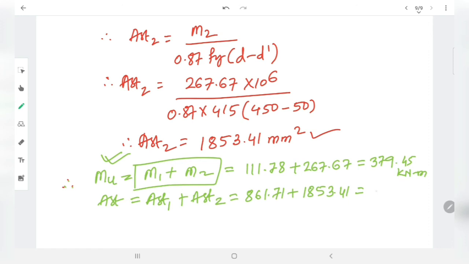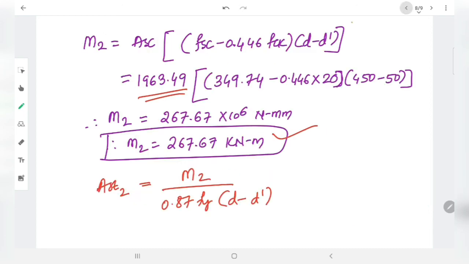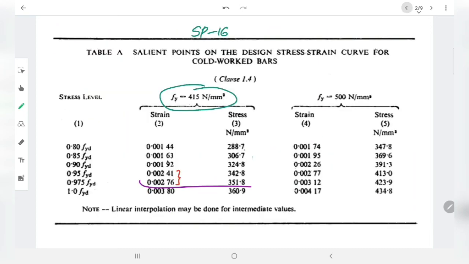Next, AST1 plus AST2 is equal to 2715.12 mm square. These are the unknown values required, the same things asked in the problem. I will go to the problem once again.